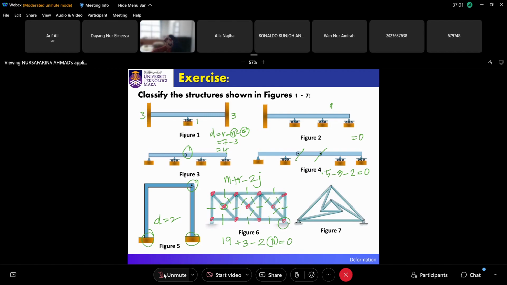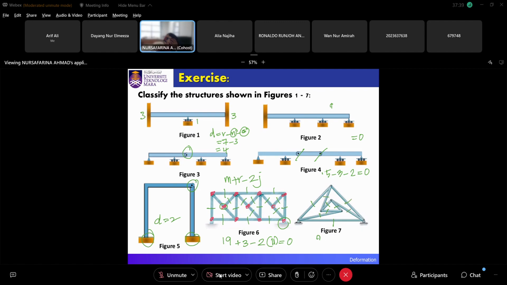Okay, Mio, what did you get? 0? Yes, correct. So it's determinate. How many members will you have? 9. 1, 2, 3, 4, 5, 6, 7, 8, 9.